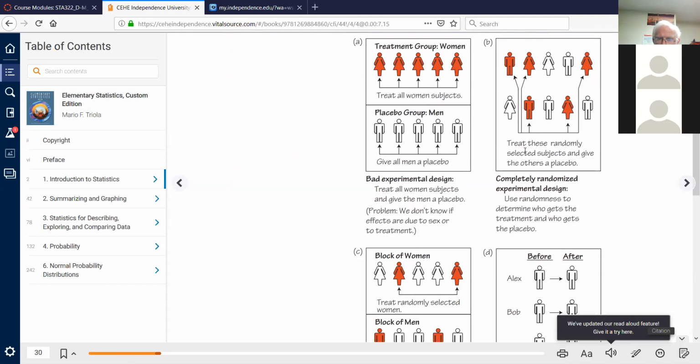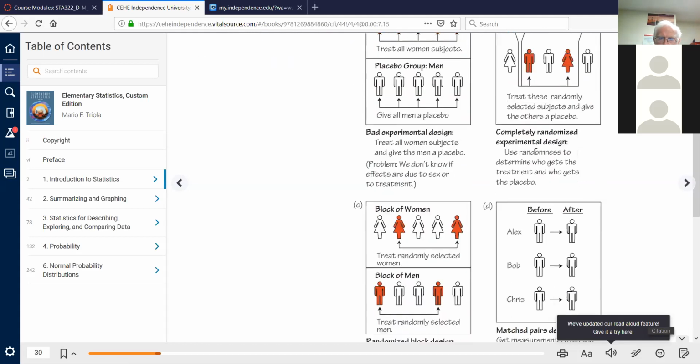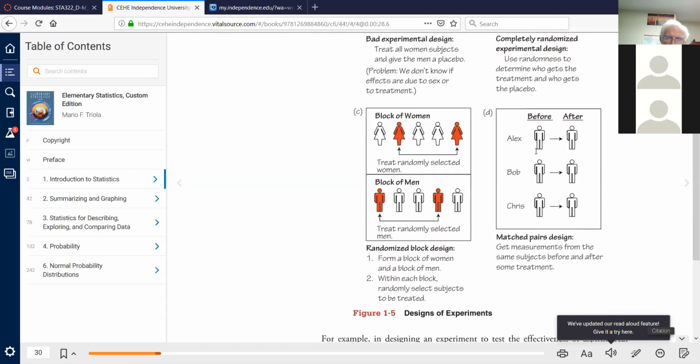Completely randomized is to treat randomly selected patients and then give others placebo. A randomized block design forms a block of women and men, or does matched pairs.